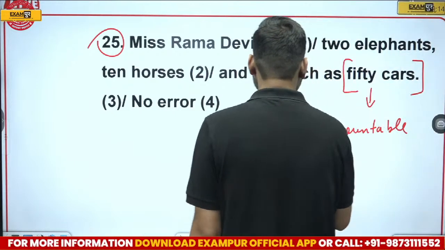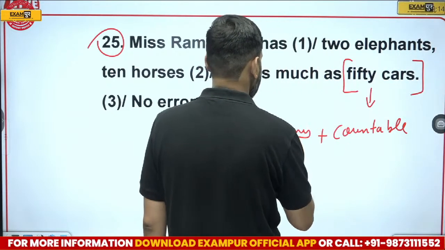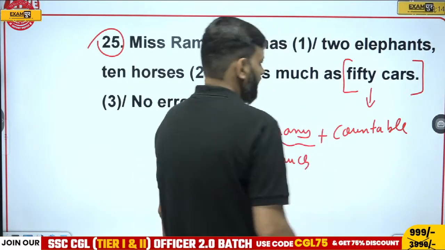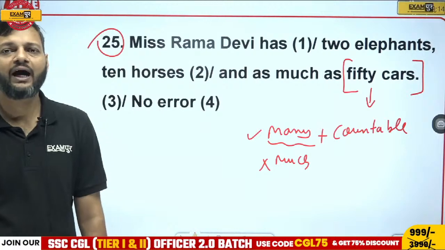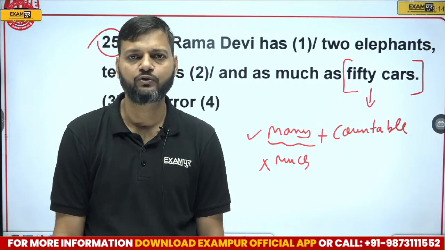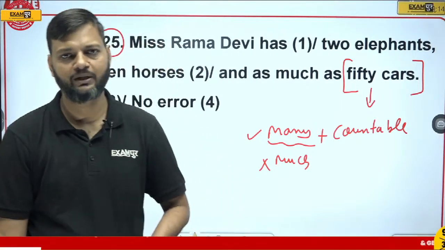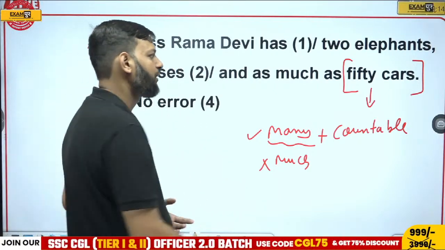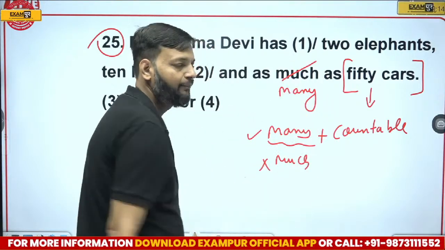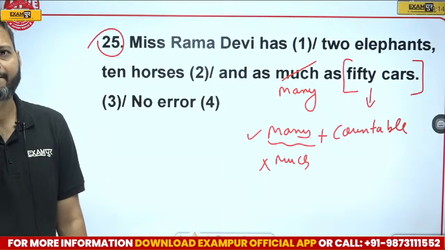With countable nouns we use many, not much. Much is used with uncountable nouns, whereas many is used with countable nouns. So car is a countable noun, so much has to be replaced by many.